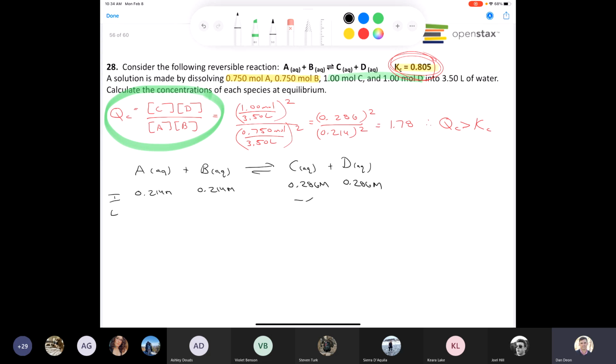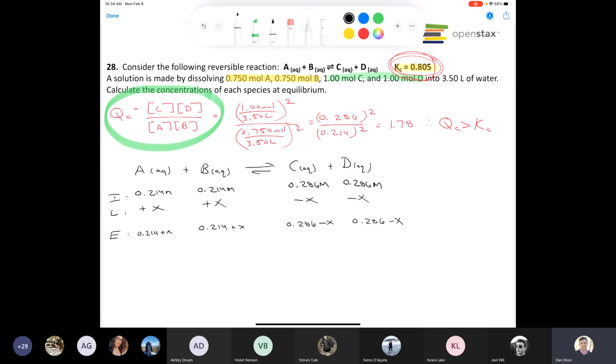And so it's imperative that you understand that the products are going to have to lose concentration and the reactants are going to have to gain concentration. It's minus x and plus x because the stoichiometric coefficient of everything in the equation is 1. So that means that at equilibrium, we have 0.214 plus x, plus x, and then we have 0.286 minus x and 0.286 minus x.